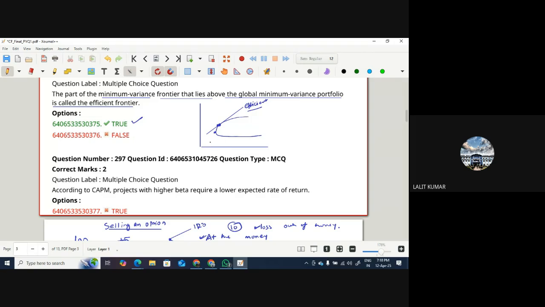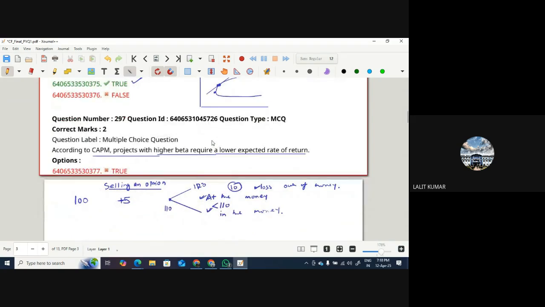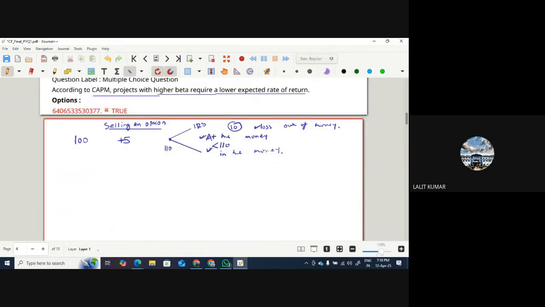Now we come to: according to CAPM, projects with higher beta require a lower expected rate of return. We covered the formula here. As per CAPM, the expected return of any asset i is equal to RF plus beta into expected return of the market minus RF. This term is also known as the premium.